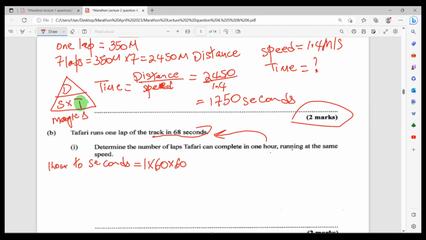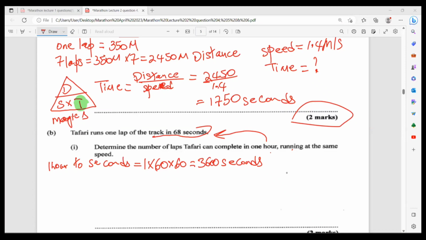So 60 times 60 is 3,600 seconds. Good? No, that's not the answer. We are just saying that 1 hour is 3,600 seconds.